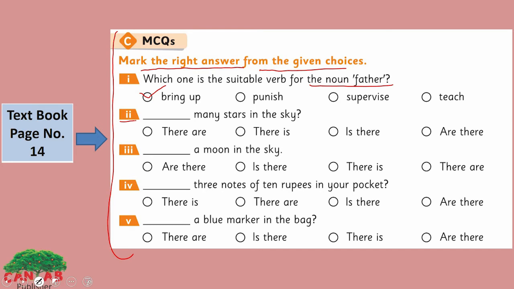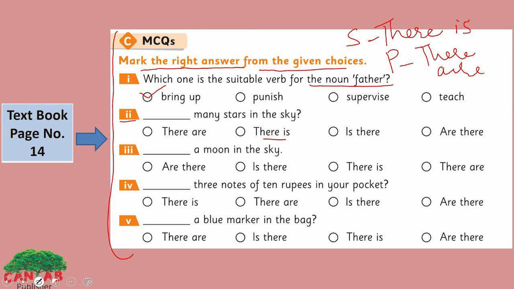The concept of there is and there are. For singular, we have to choose there is to show one item or one person. There is for singular, and for plural, more than one item, we have to choose there are to show more than one person or more than one item.